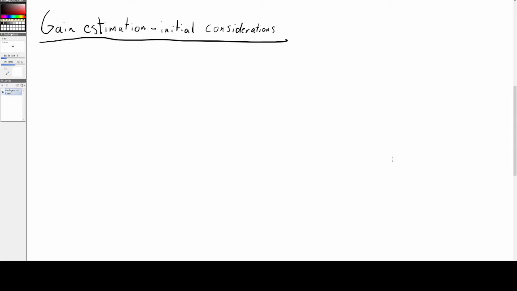So this part of the lecture will be about some initial considerations about the gain estimation process in order to try to build a bit of intuition of why we're doing what we're doing. As I mentioned earlier, the gain is a function of time. So it's free to vary.